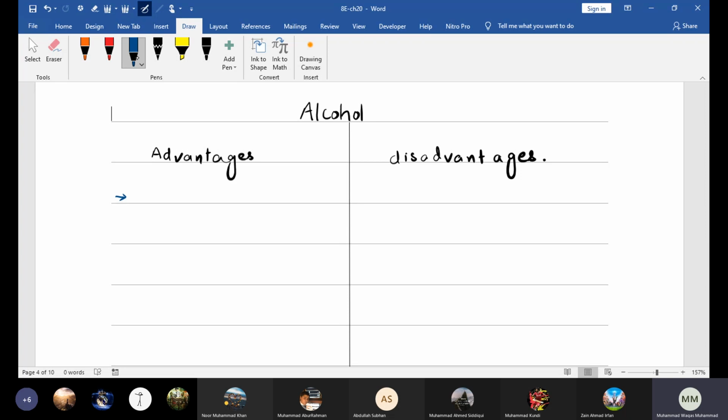So it can be used for measuring low Arctic temperatures. So it is suitable for low Arctic temperatures.